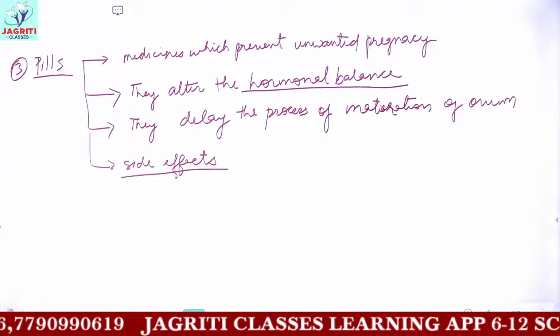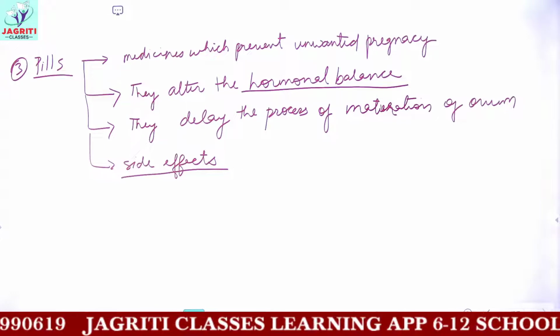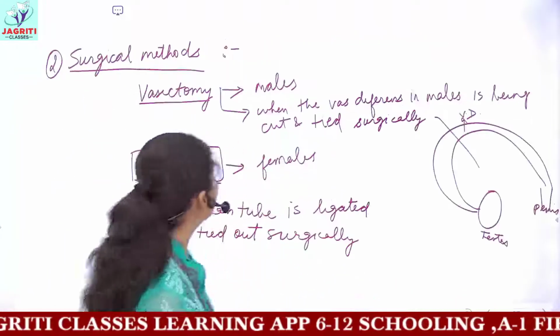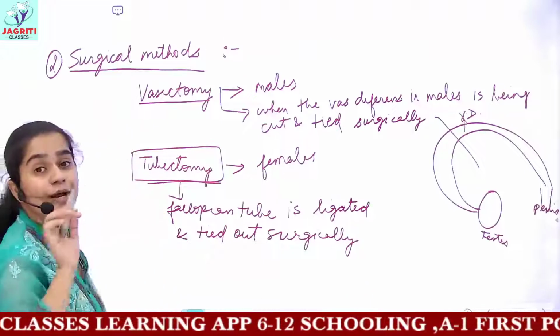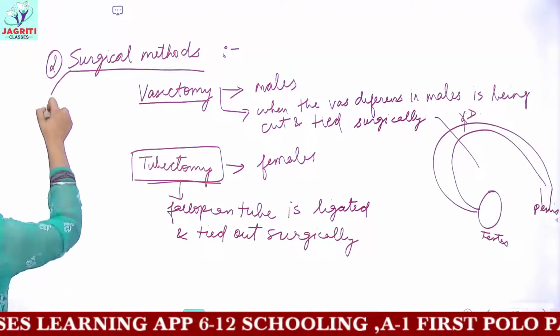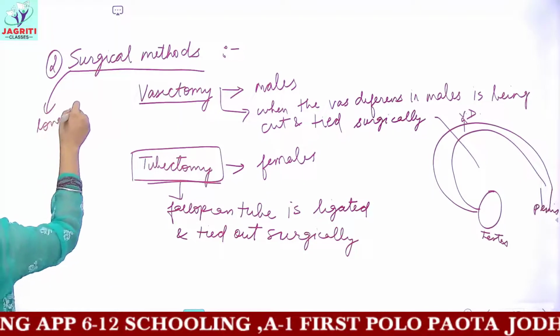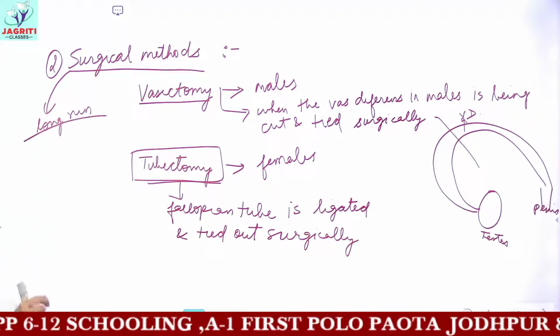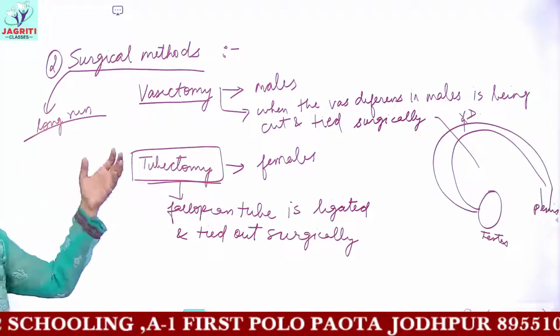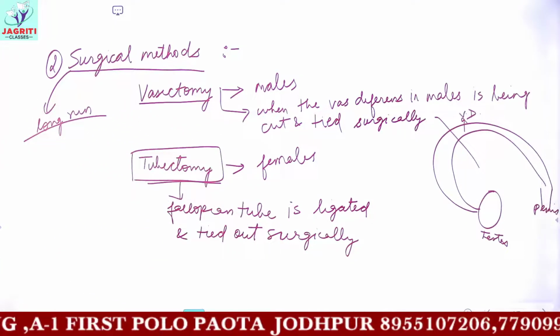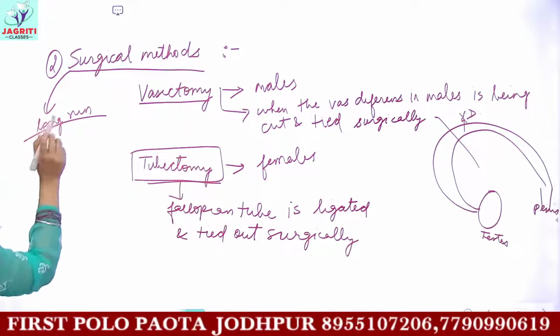So these were the methods that we discussed. First were mechanical barriers, then surgical methods. They are also good. What are the advantages? You would be asked advantages and disadvantages of every method. So surgical methods are advantageous for the long run. If someone does not need any kind of fertilization, then these surgical methods are quite good and advantageous. But what are the disadvantages?